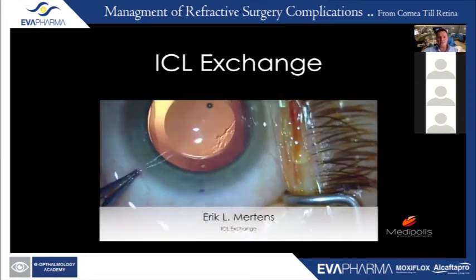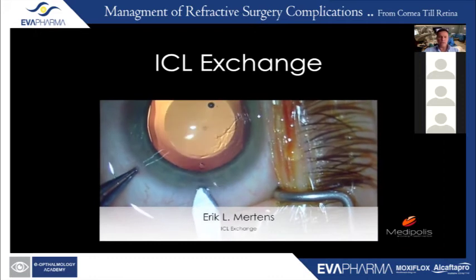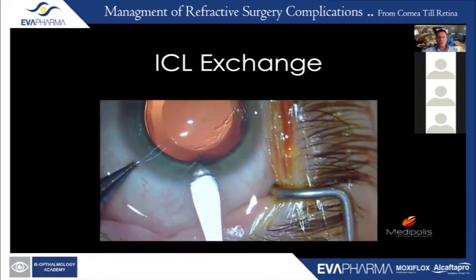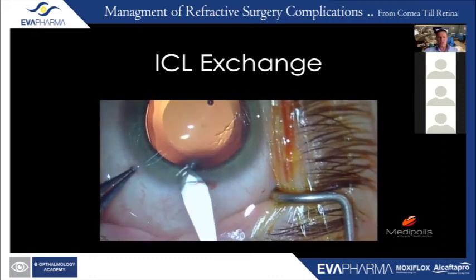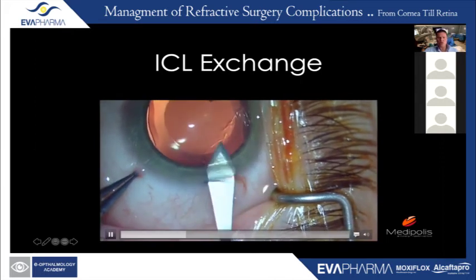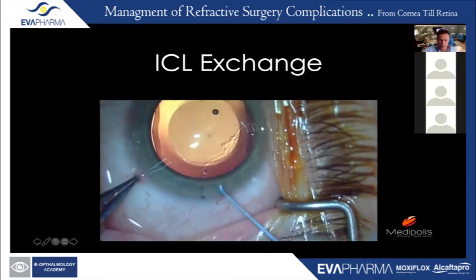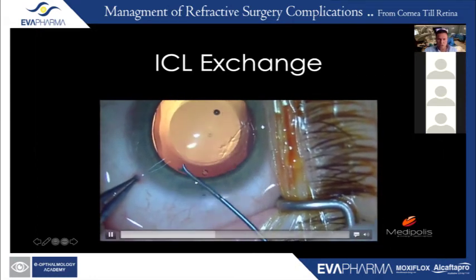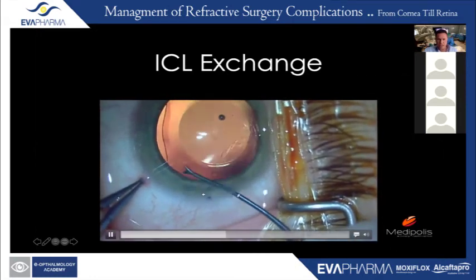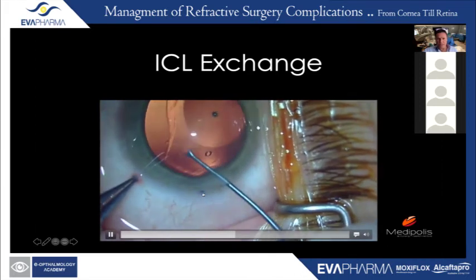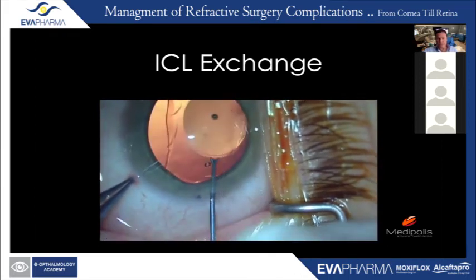This is me again performing the 3-step main incision, the 2.6 millimeter. I already introduced, as you could see, the methylcellulose. I did it before through the paracentesis, which is here. So I go in with this suitable instrument, and I put the haptics in front of the iris, as you can see here.